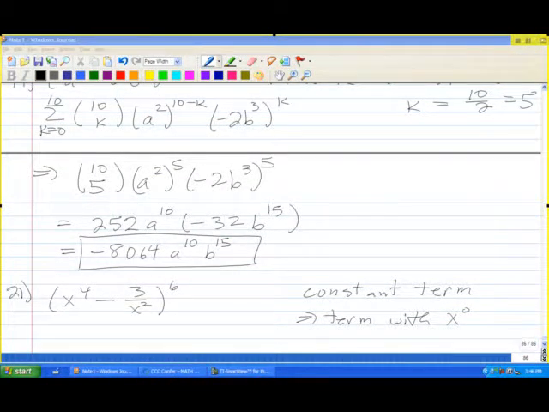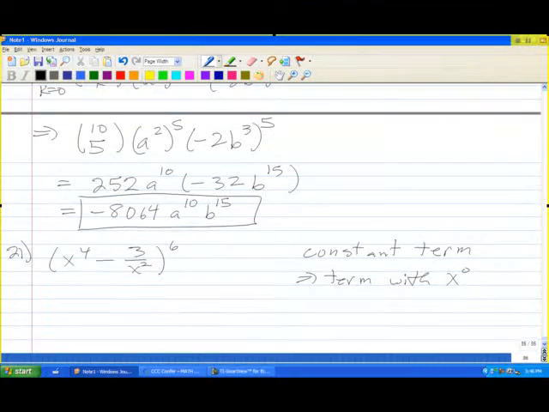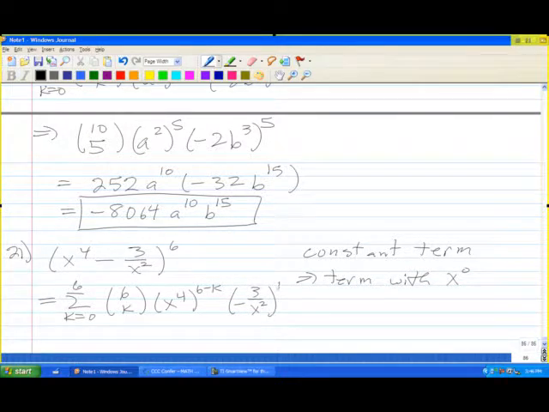Okay? And so let's do that. If I look at my expansion, it's just equal to the sum, k equaling 0 to, in this case, 6, of 6ck, x to the 4th to the 6 minus k, negative 3 over x squared to the k.